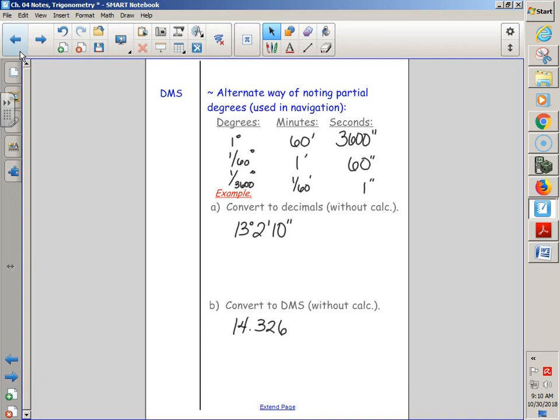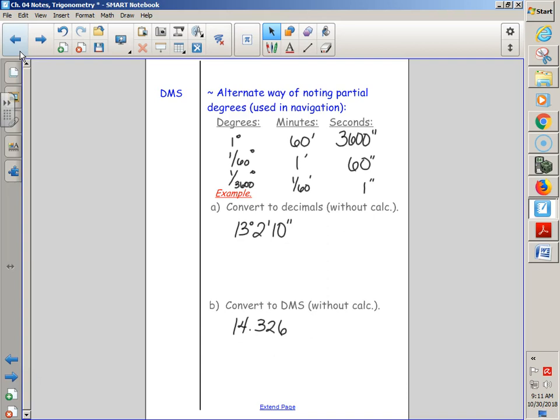Meaning a lot of space gets covered in every 1 degree. Just to give you an idea as to why we might ever want to split up a degree into something smaller, it's because of navigation, because of the size of our Earth and how 360 partitions, that's still a lot of space being covered.